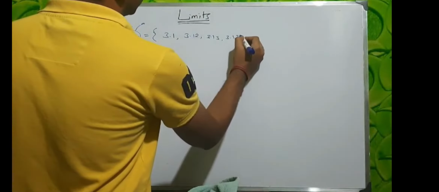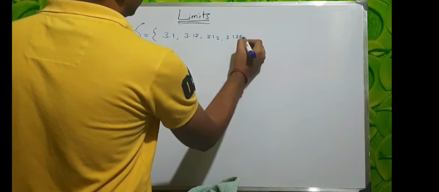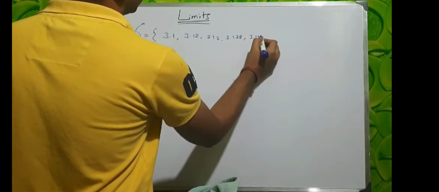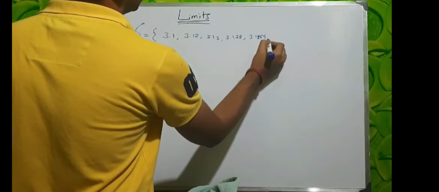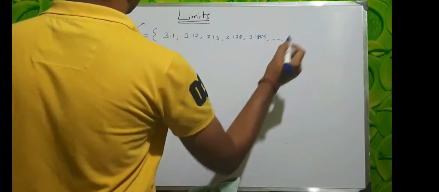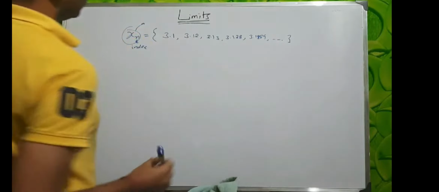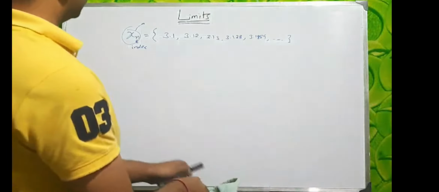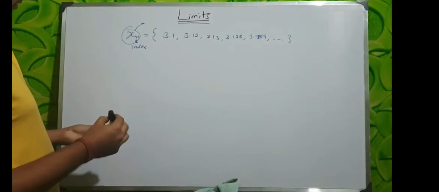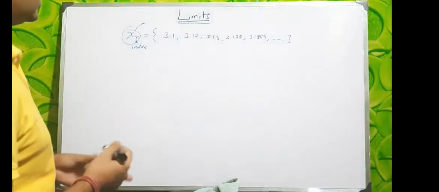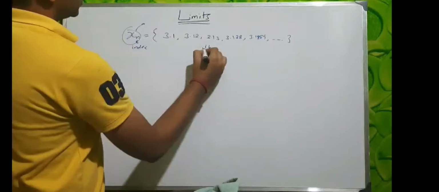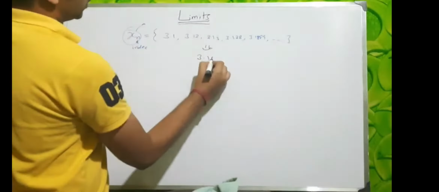3.1 and then 3.12 and then 3.13 and then 3.138, 3.1389, and so on. What intuition tells us is that this sequence is going to end up, after infinitely many terms, at 3.14.